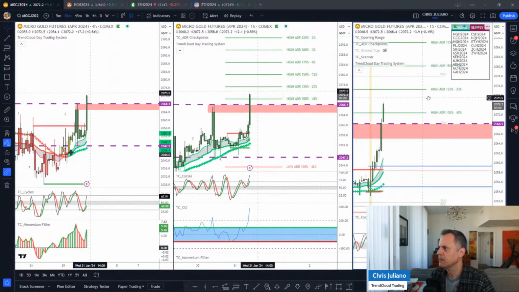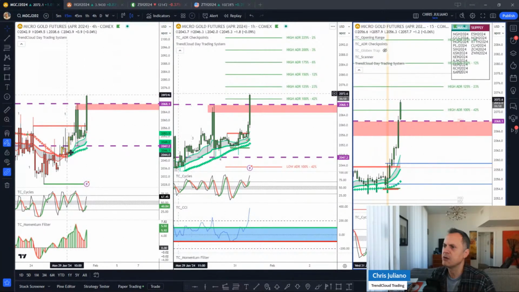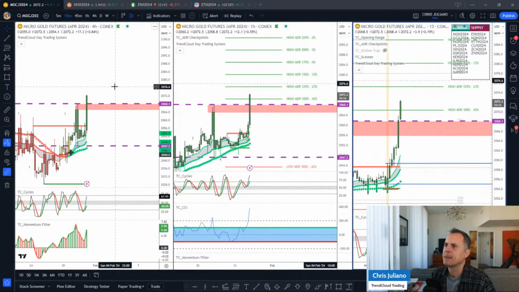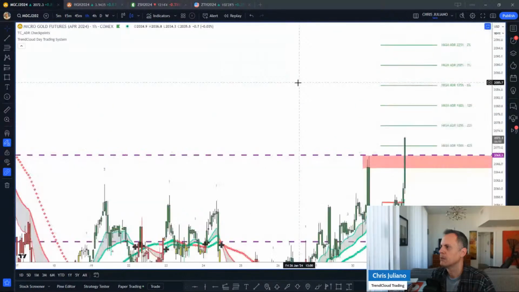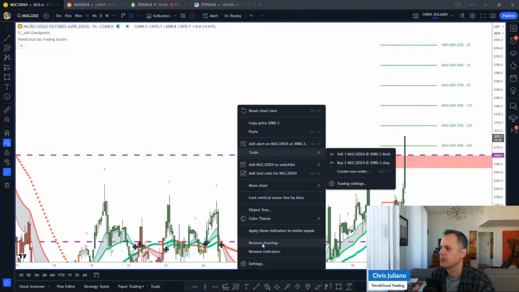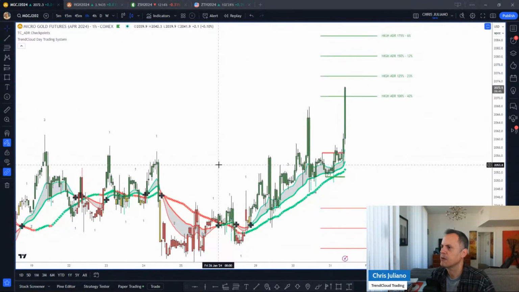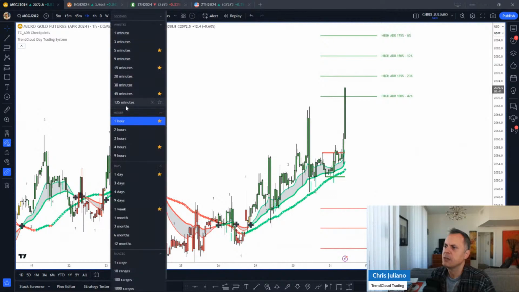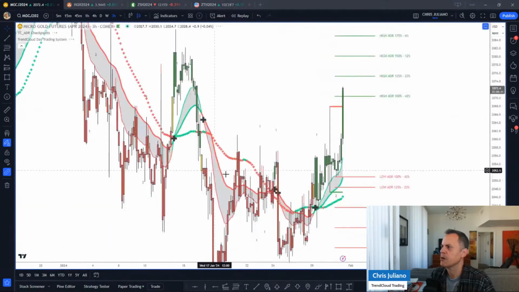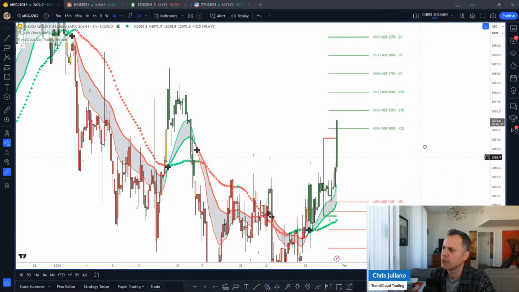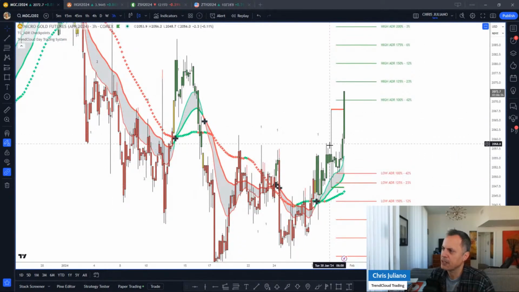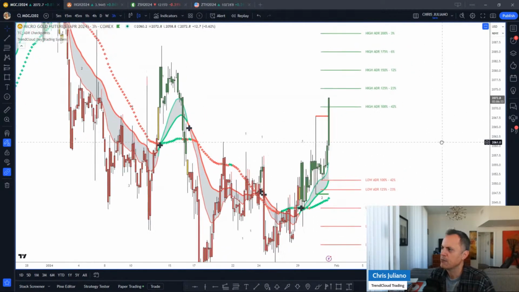As of today, right, we've hit that ADR checkpoint. Let's go out to the 3-hour chart. Interesting. Wow, look at that rejection candle. Very powerful.